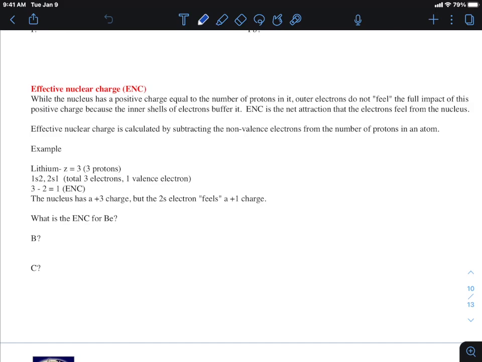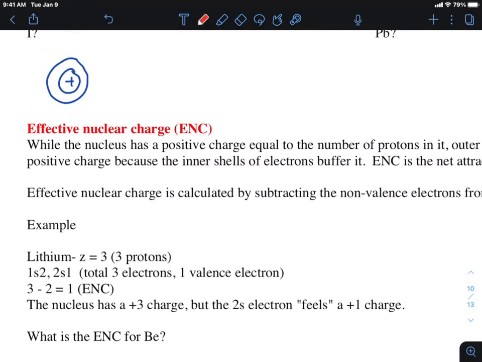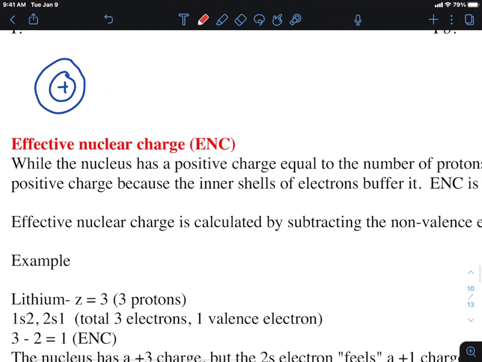Okay, now that you guys know what the Bohr diagram is, you have an idea that you have different energy levels, and these electrons are in these different energy levels. If we look at a very simple Bohr diagram, let's say there's 2 electrons in energy level 1 and an electron in energy level 2.